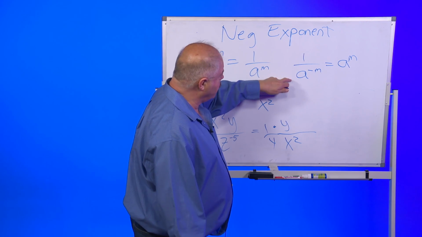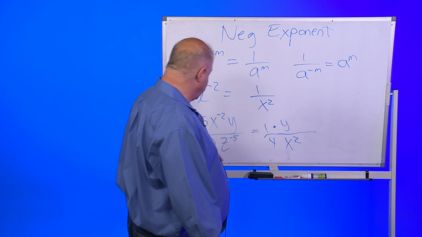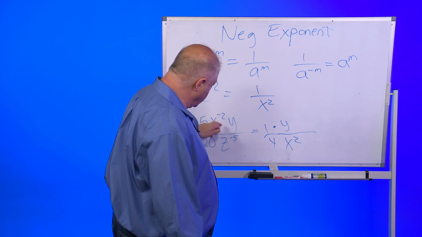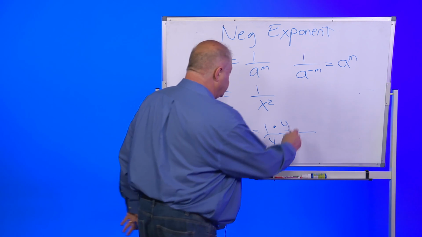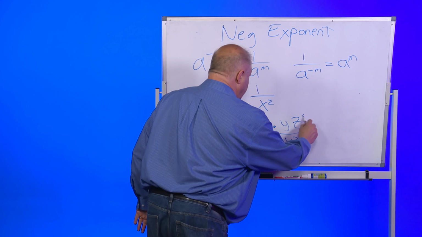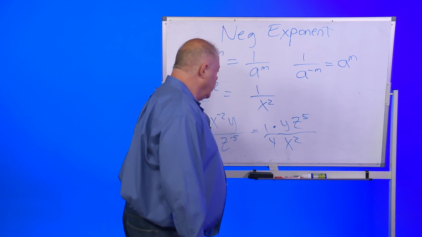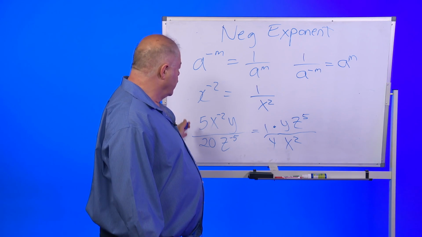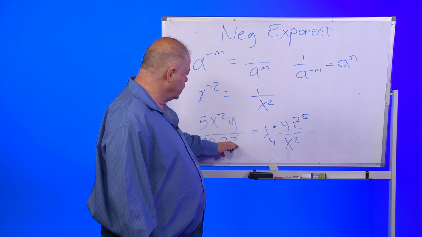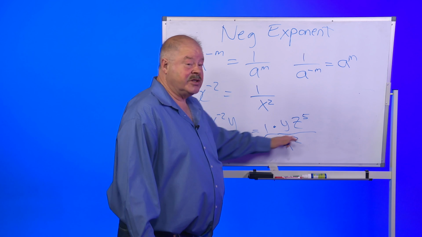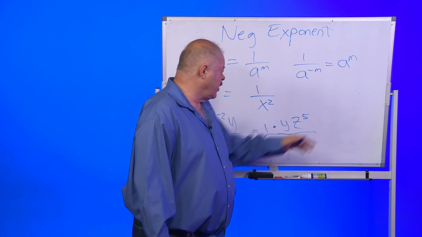Just like 1 over a to the minus m, here we have some stuff over z to the minus 5, which brings the z up top, z to the 5th. And so when you answer, if you have negative exponents, you want to write them all as positive exponents in your answer.